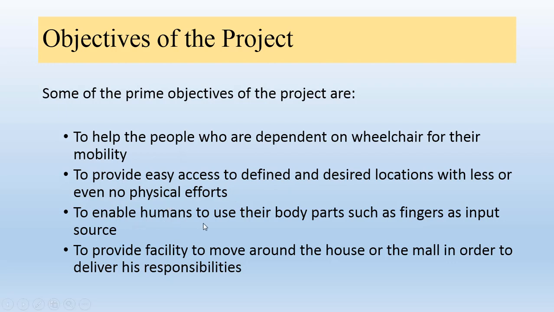Thirdly, to enable humans to use their body parts like a finger as input resources. Finally, to provide facility to move around like in a house, in a hospital, or in a mall in order to deliver his responsibilities.